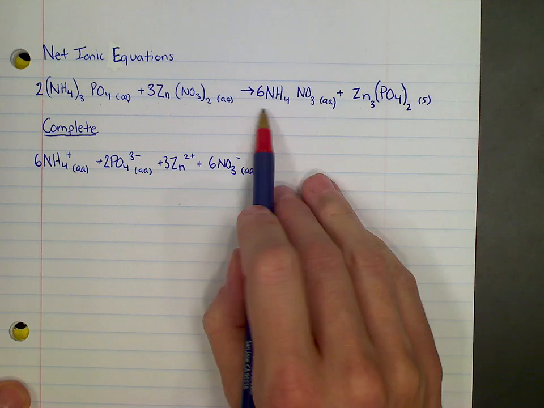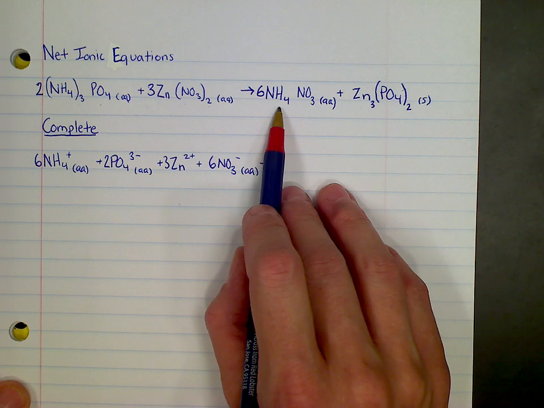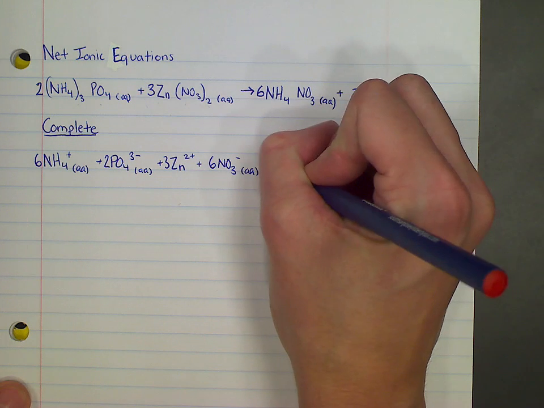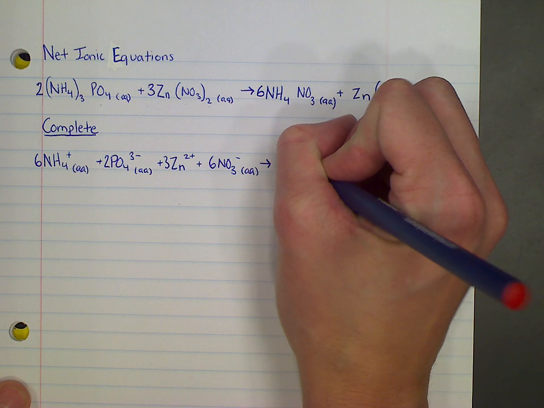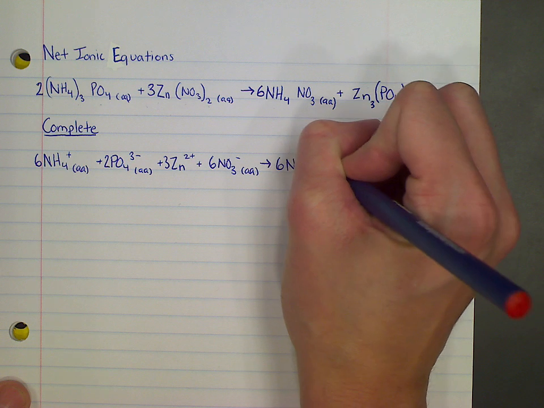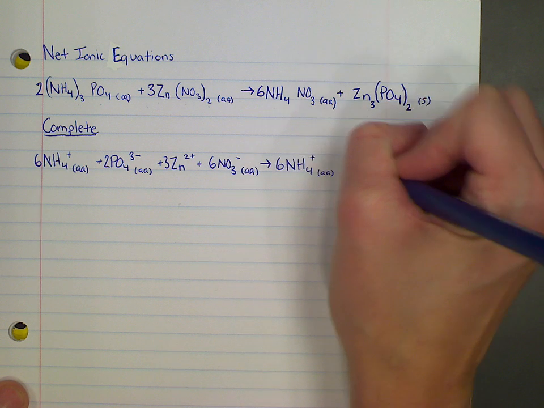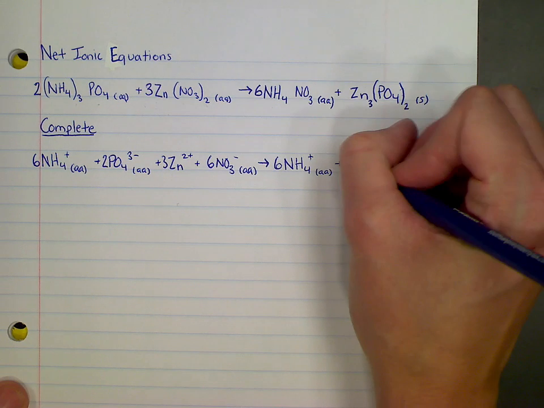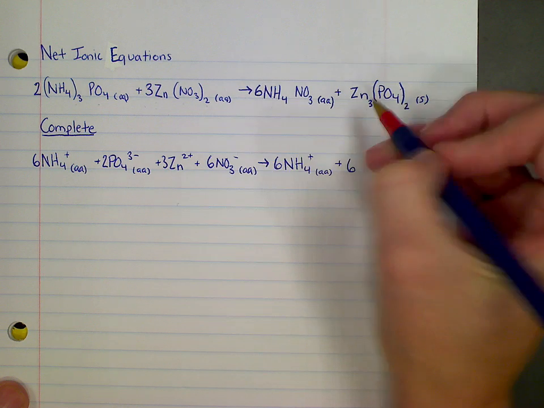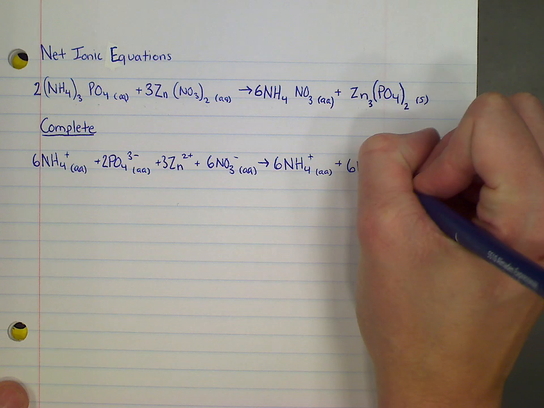On the product side, this is still an aqueous compound, so I'm going to keep it broken up into ions, including the state still. And then I've got 6, remember the 6 travels to the other part of this compound as well.